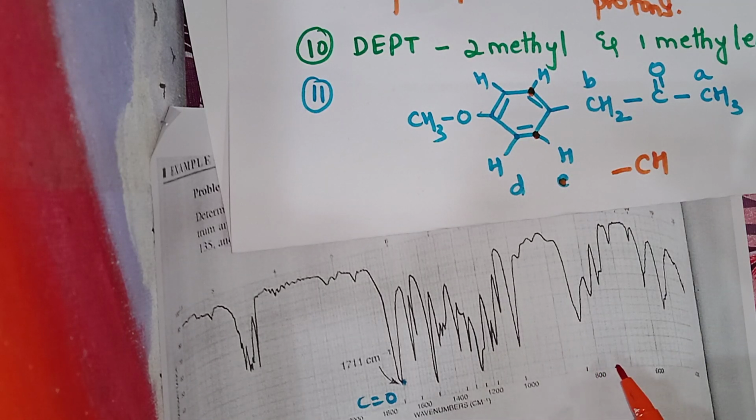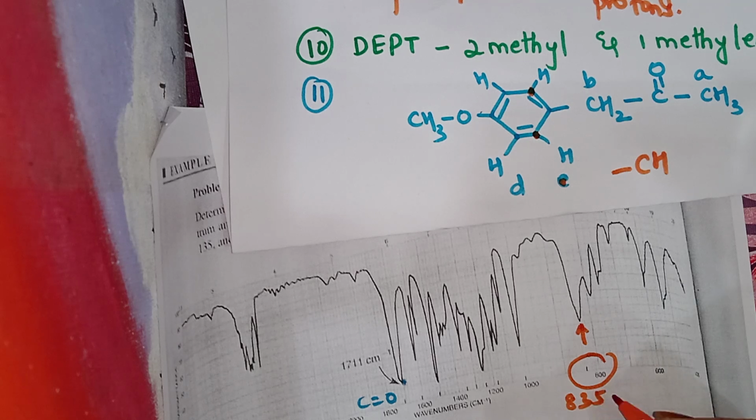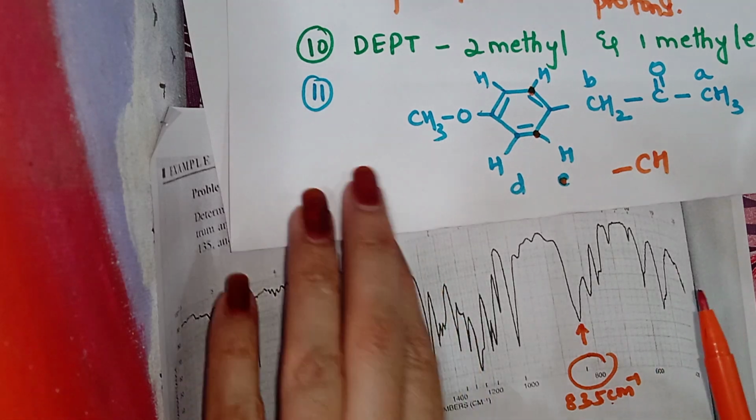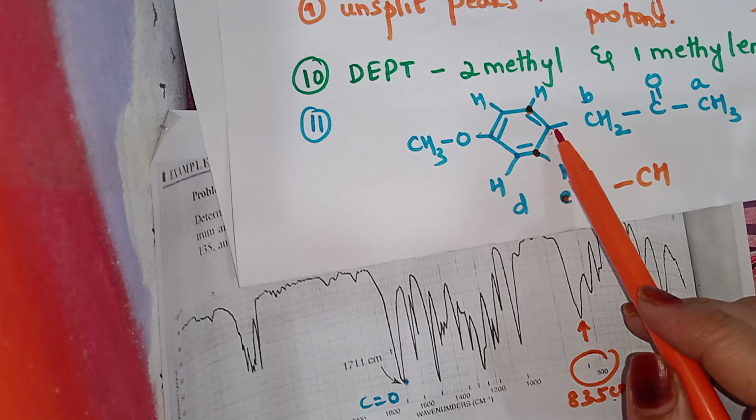In this infrared spectrum again, here at 835 cm⁻¹, we can see a para substitution pattern in the out-of-plane region. This helps us to confirm 1,4-disubstitution on this aromatic ring.